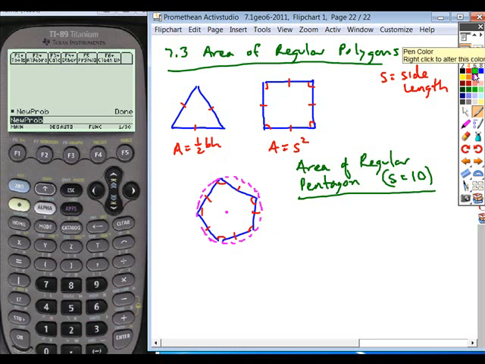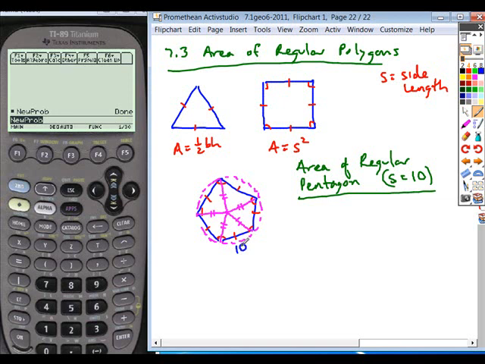And that's important because if we now connect the center of the regular polygon to each of its vertices, those are all also radii of the circle. So these measures are all the same, because all radii of a circle are identical.